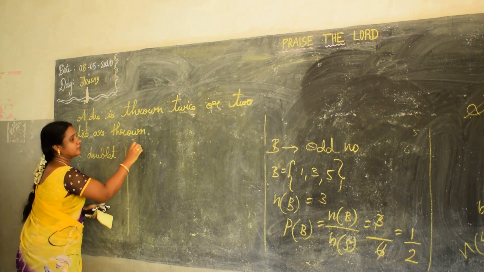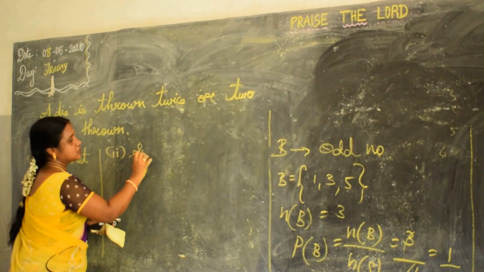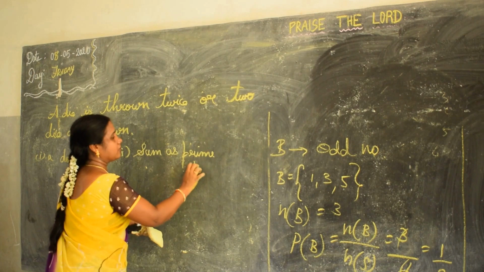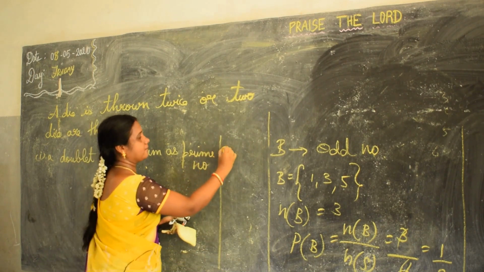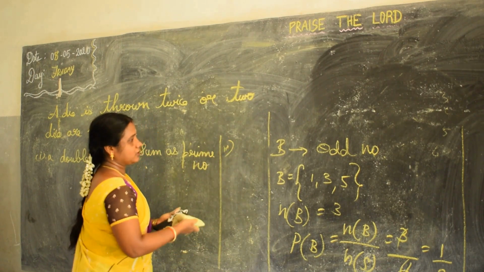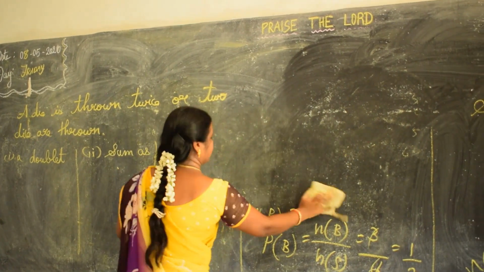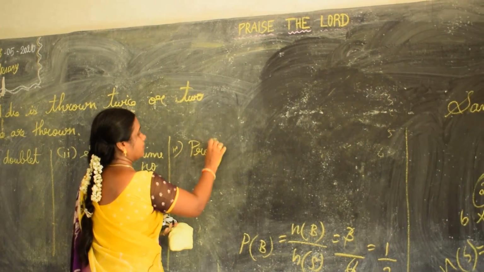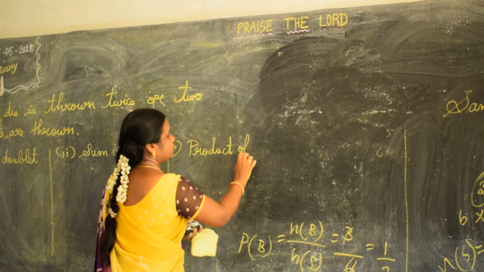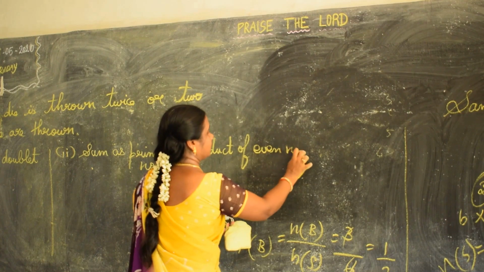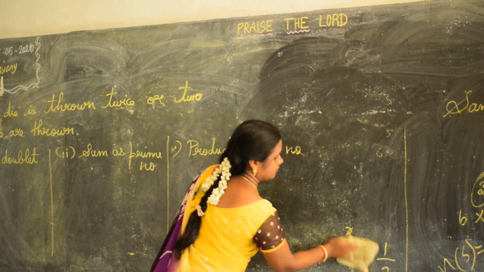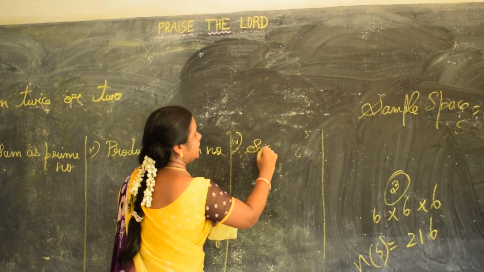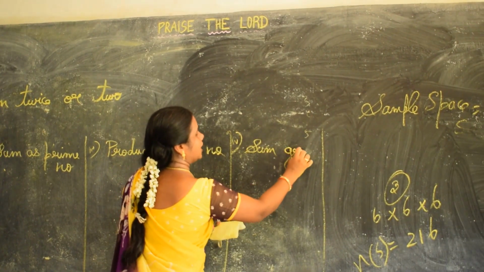Next, sum as a prime number. Third one, product of even number. Next, sum greater than 12.